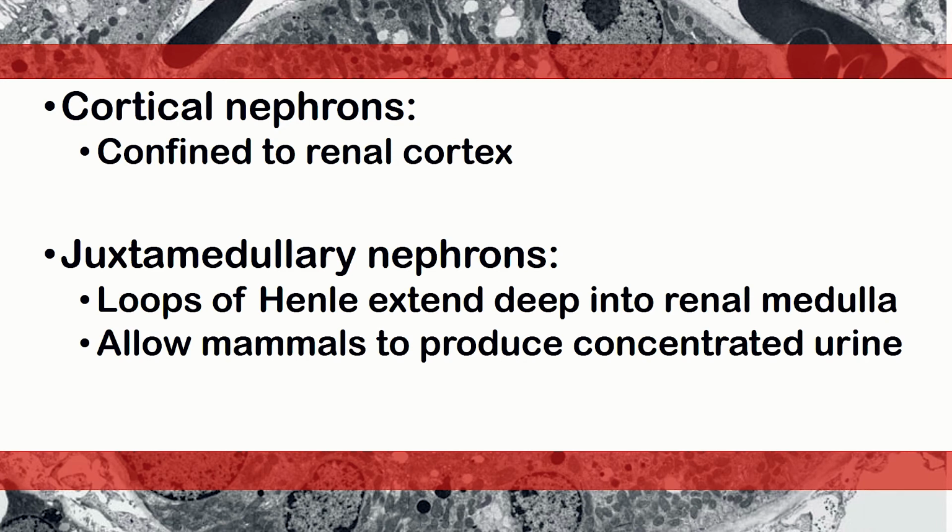Hence the name juxtamedullary means next to the medulla, with the loop of Henle extending into said medulla. This medulla is going to be a salty place, as we'll be getting to shortly, and it allows mammals to produce a highly concentrated form of urine.